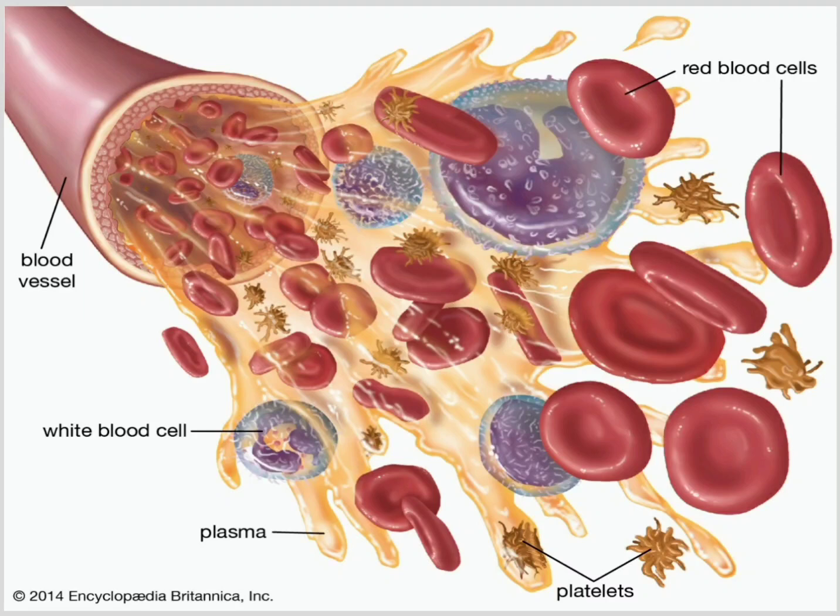Next, we look at WBCs, which is white blood cells or white blood corpuscles. These are large, nucleated and colorless cells, and in a normal human being there will be a presence of 5000 to 10,000 WBCs present per cubic millimeter of blood.